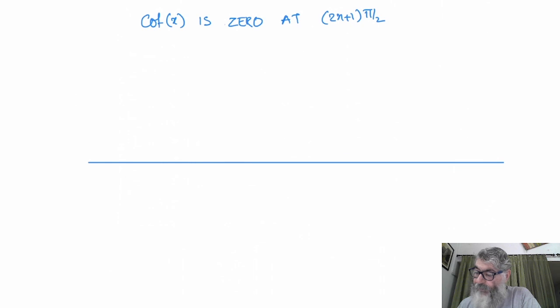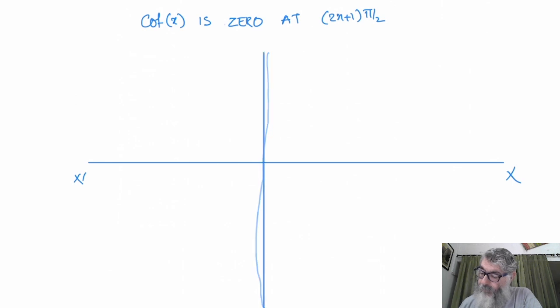Again, we have this x-axis. This is x, x dash. This is O, y, y dash.